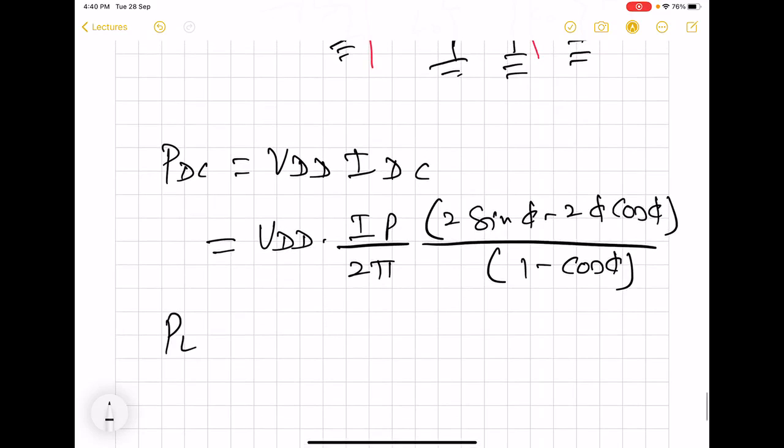And PL, if we calculate in terms of fundamental voltage and the fundamental current, so this will turn out to be fundamental voltage by 2, and expression for I1 we have already found out.